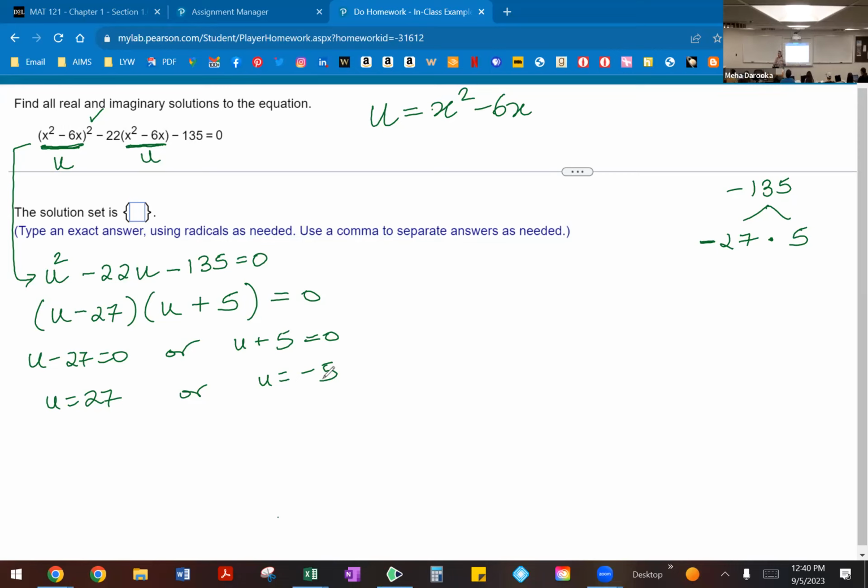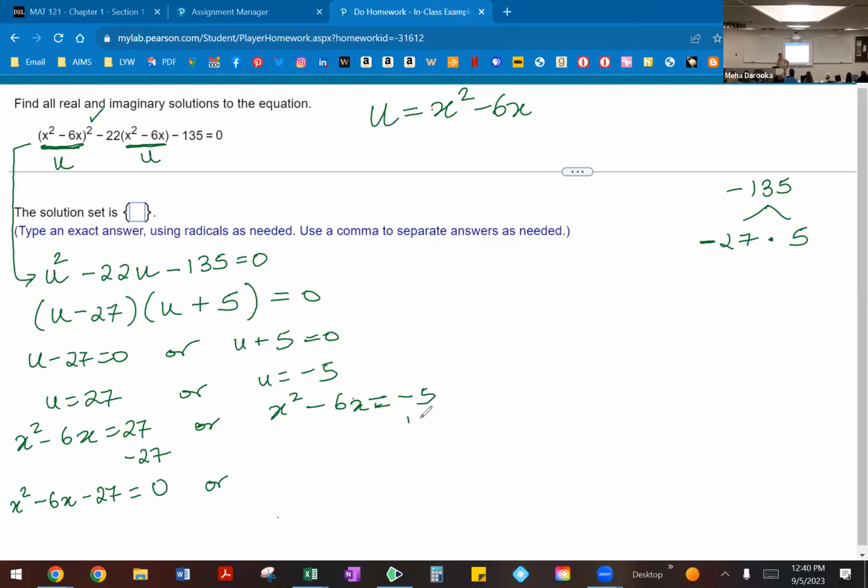But what the u substitution does is it's already broken it halfway for you, and now we're just finishing up the last part. So go back, bring in your x squared minus 6x equals 27 for this one. X squared minus 6x equals negative 5 for this one. You need to actually bring the constant terms back to the left-hand side. It should become x squared minus 6x minus 27, set equal to 0.